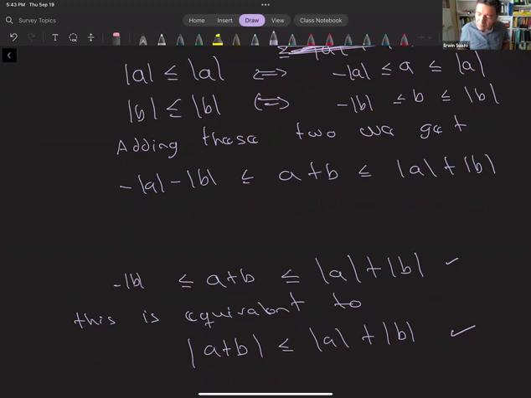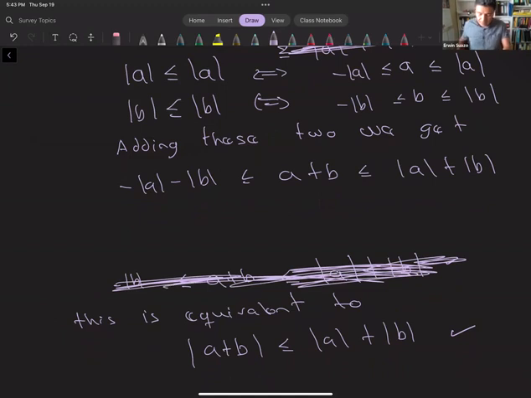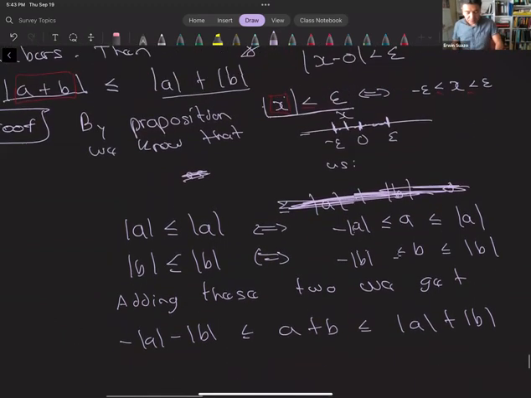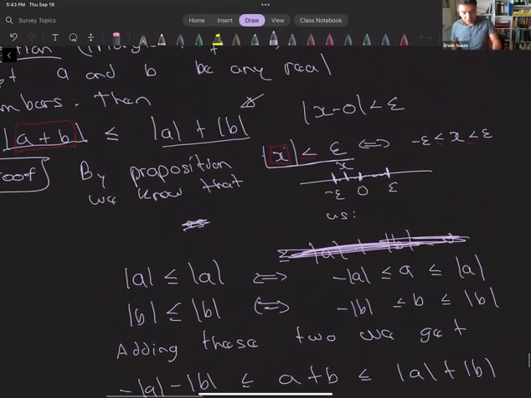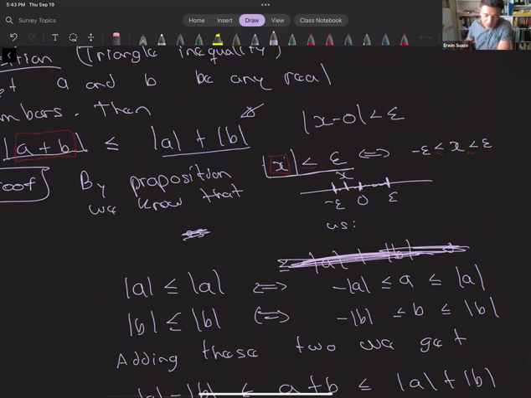So I'm going to have to cross it out. So let's go back to the proof. By the proposition of the book, we know that the absolute value of x less or equal than epsilon is true if and only if x is between minus epsilon and epsilon. We proved that in class. Okay.